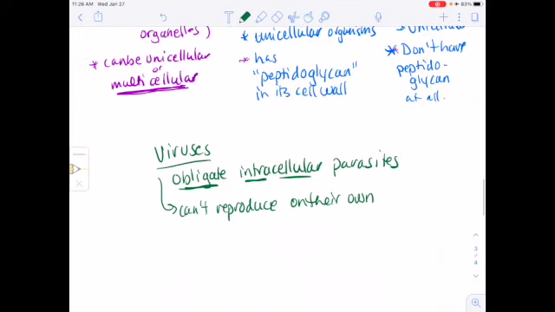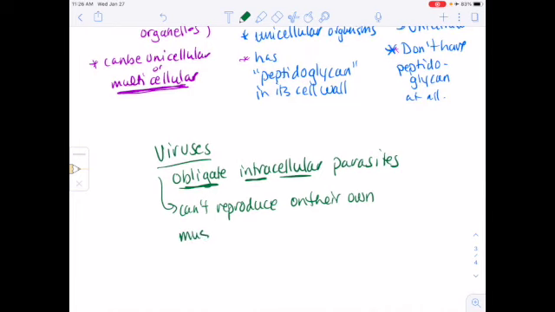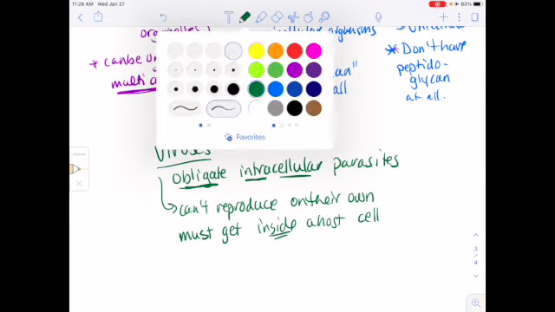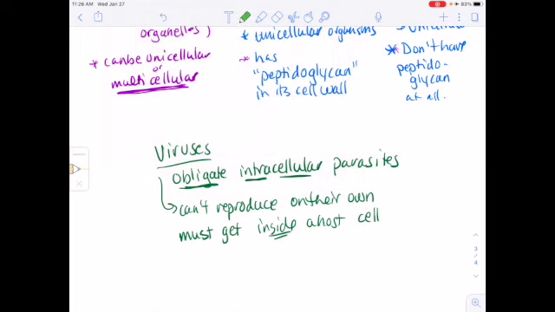Viruses don't even have the machinery to be able to do anything. They have to get inside your cells. So they must get inside a host cell.